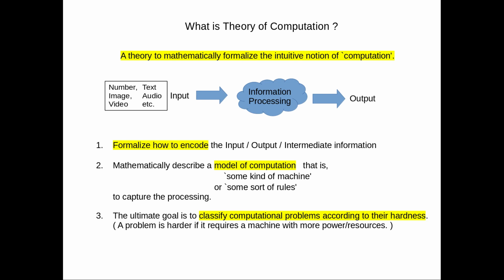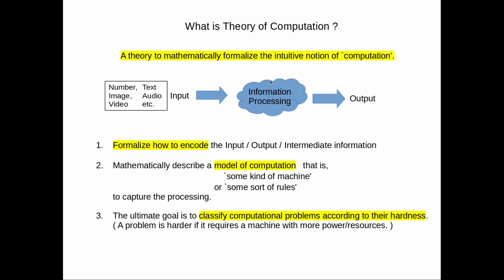So the first step is to formalize the information itself, the input, output, or the intermediate information. That means we need to encode this information as some kind of mathematical entity. The next thing is to express this computer, this information processing part, as some kind of mathematical entity.